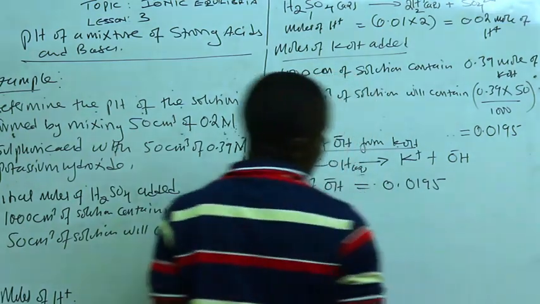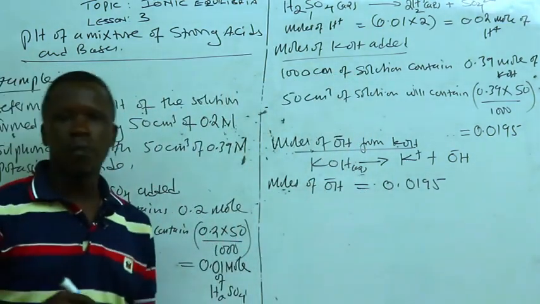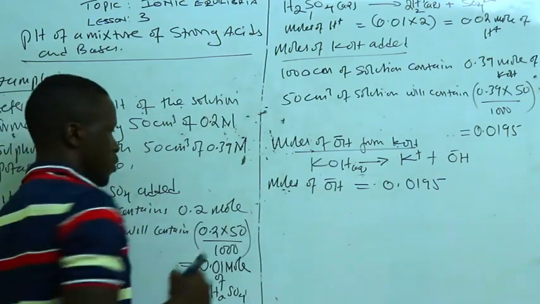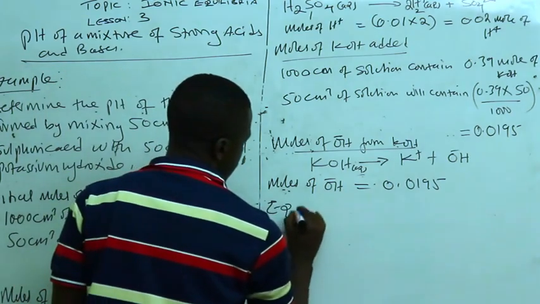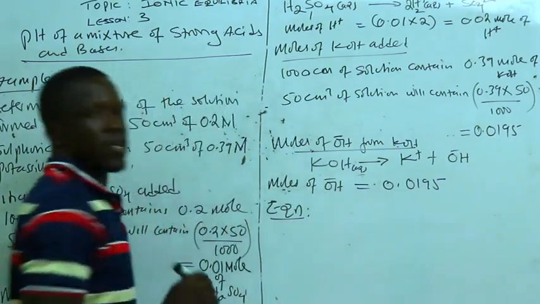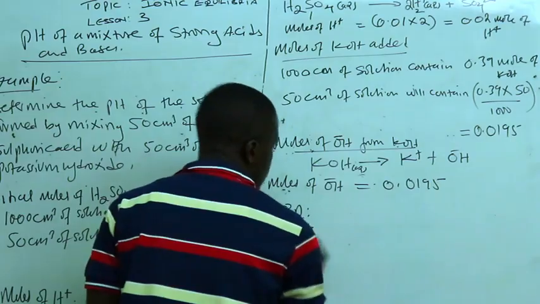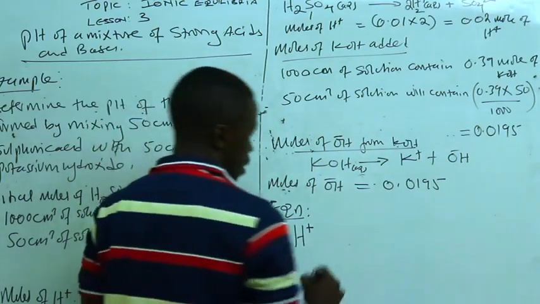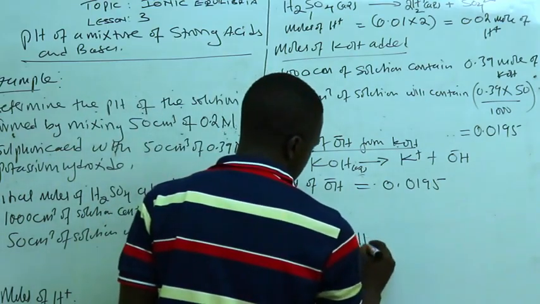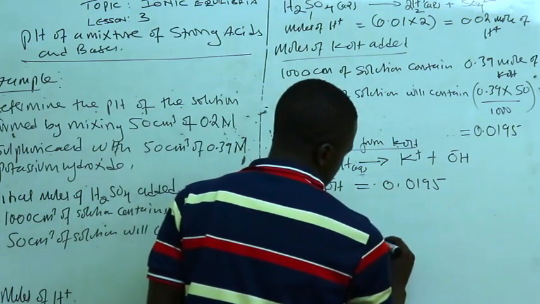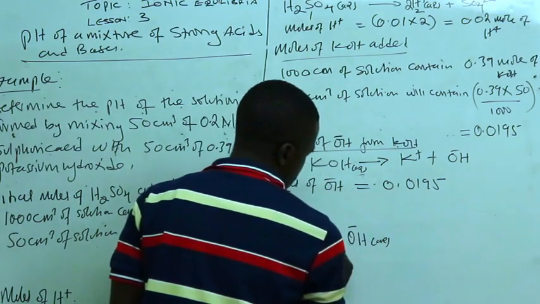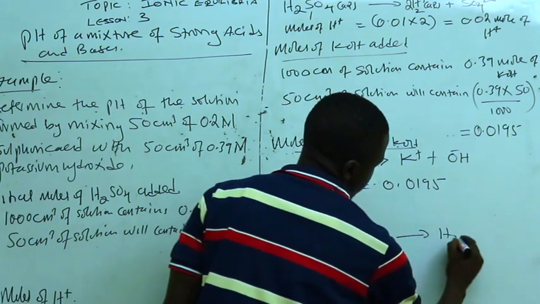Now, what is the kind of reaction equation occurring? For neutralization, the hydrogen ions from sulfuric acid react with OH ions to give us water.